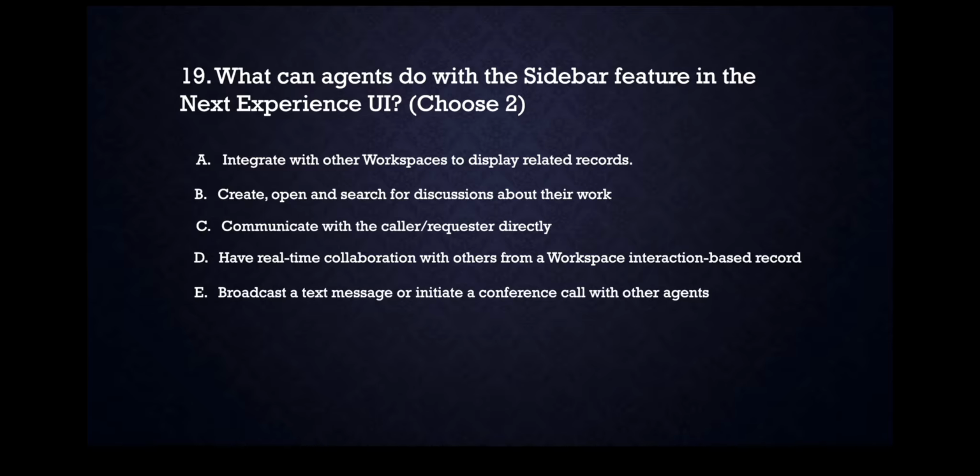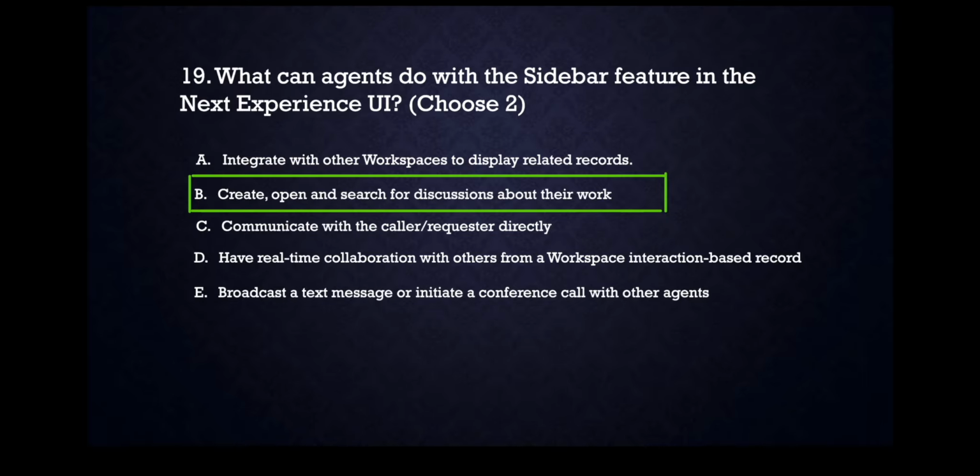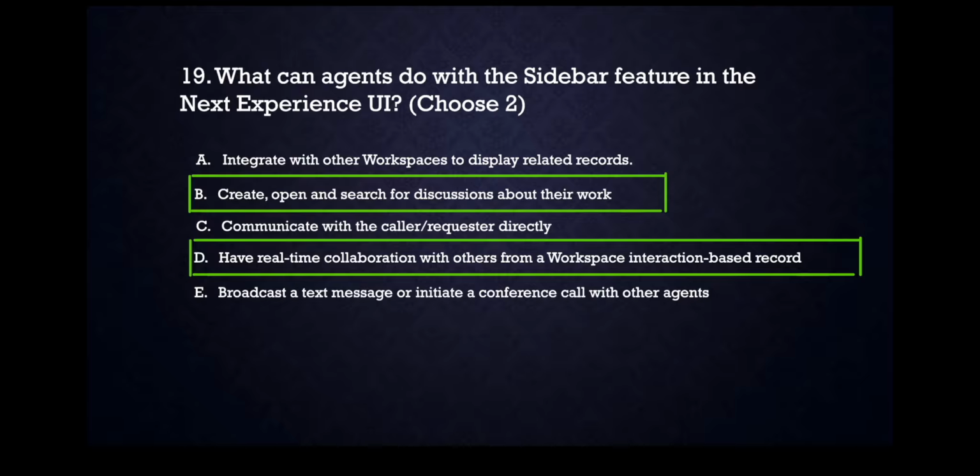So the correct two options are: create, open and search for discussions about their work, have real-time collaboration with others from a workspace interaction-based record. Now let's go to the next question.